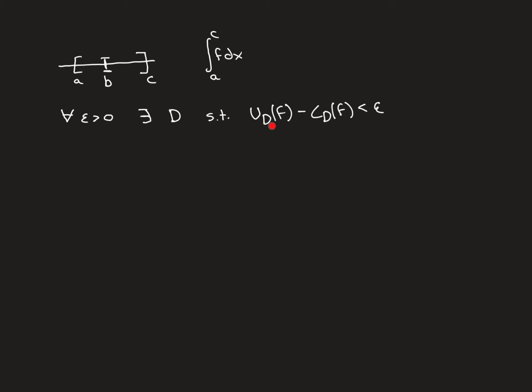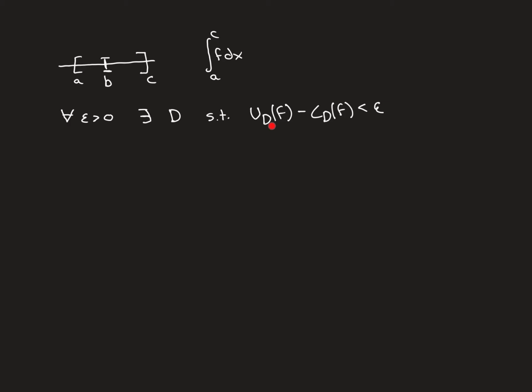So here then is the proof that the function does obey the Riemann integrability criterion over the interval AB, if it obeys the Riemann integrability criterion over the entire interval AC. So we will let epsilon be greater than 0, and we're now going to show that we can find a dissection D such that this is true.